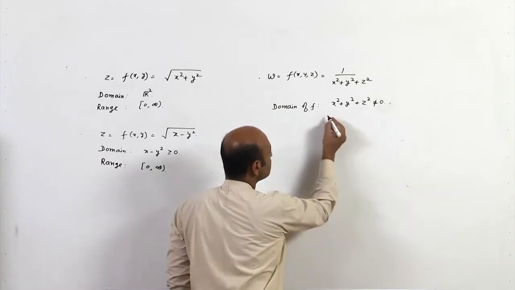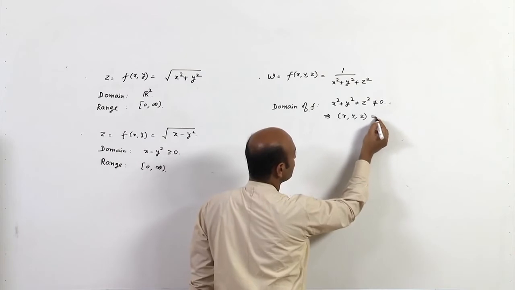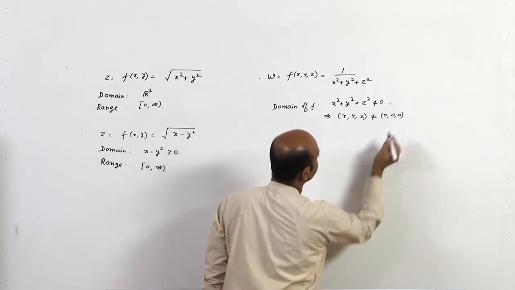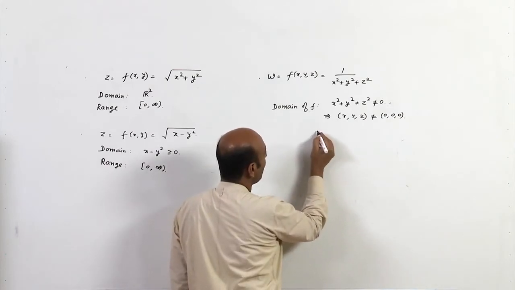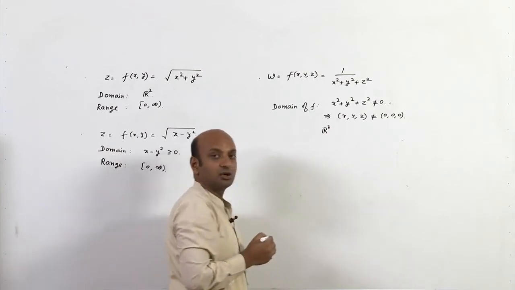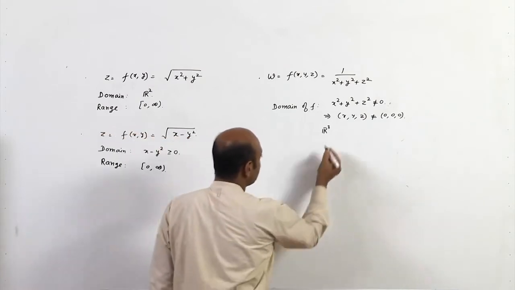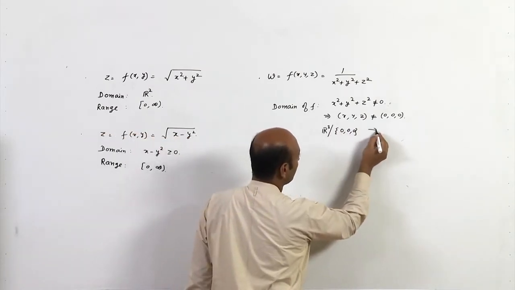So, this implies (x, y, z) should not equal (0, 0, 0), and therefore the domain is R3, the collection of (x, y, z), excluding the origin.